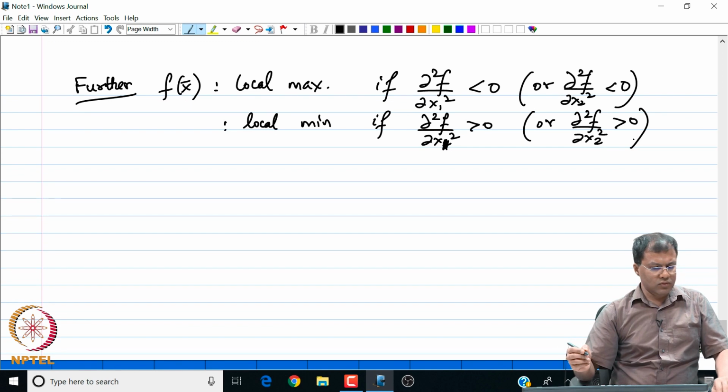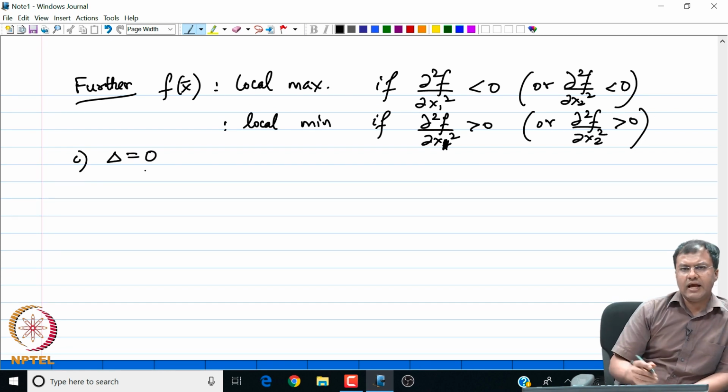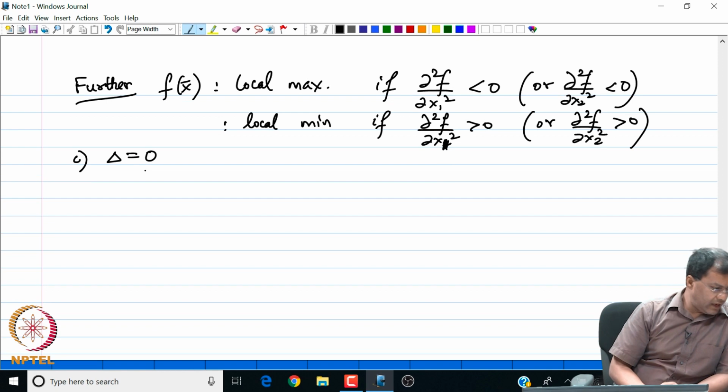So, that concludes our second derivative test. Well, there is one final statement. Suppose the discriminant is 0, then our second derivative test fails.